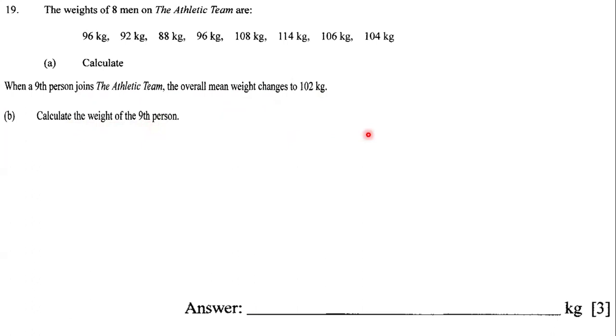Now let's use the formula. The mean weight is going to be the sum of all the weights divided by the total number of weights that we have. Now, what is the sum of all the weights?